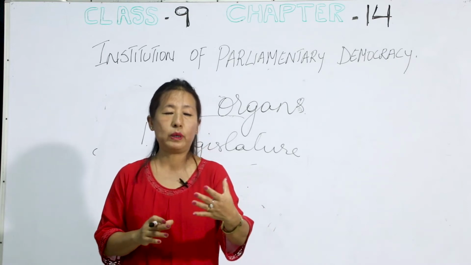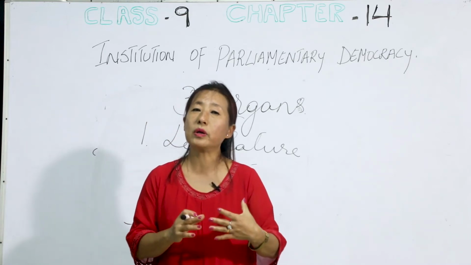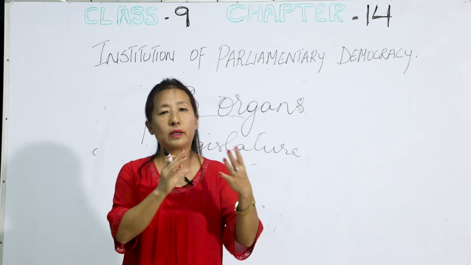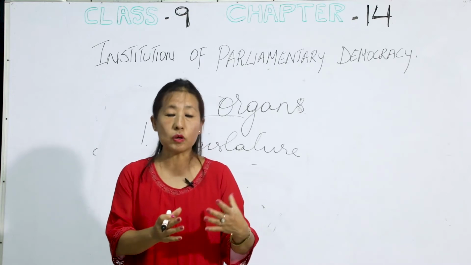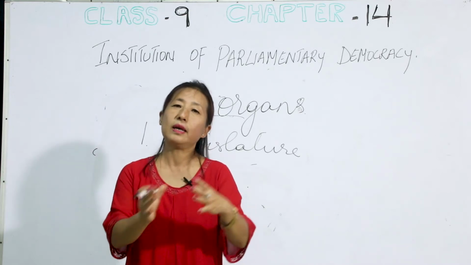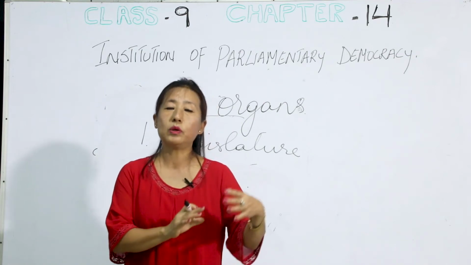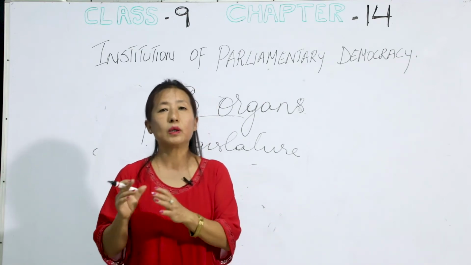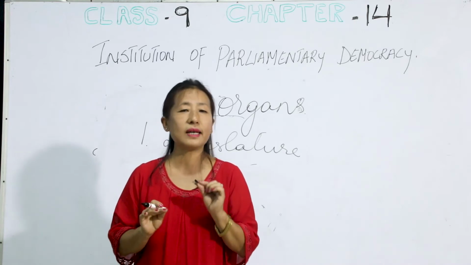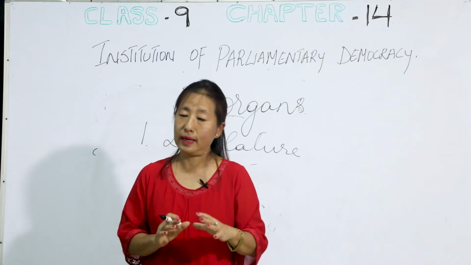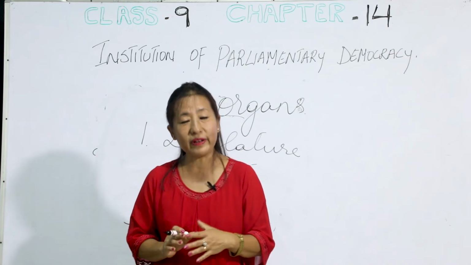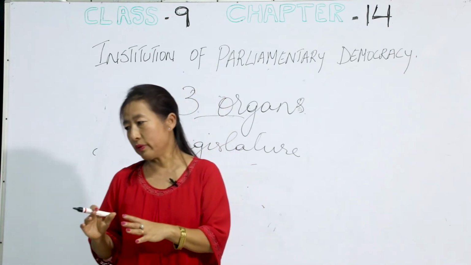When we say finances, we are talking about how much money the country will be spending that year. Everything is under the control of the parliament. Without the approval of the parliament, the government cannot spend even a single paise. That is what it says regarding the money. So that is also one reason.